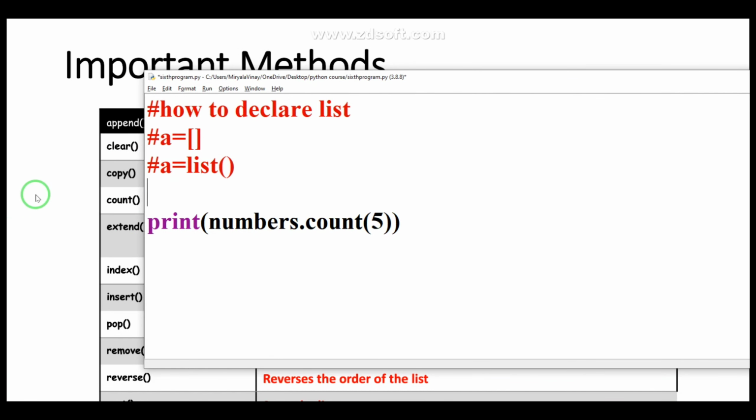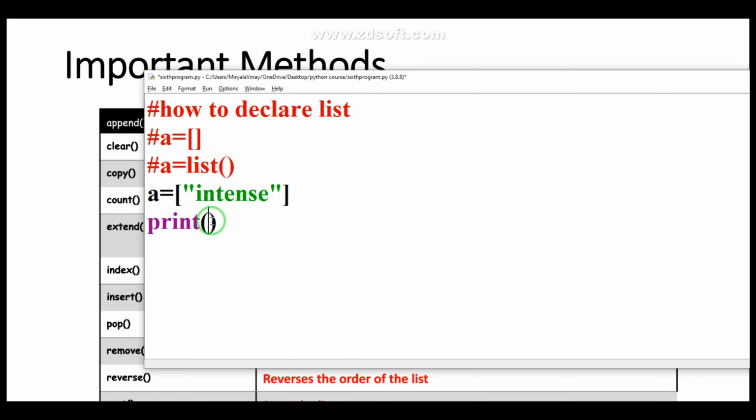I have a list called A with a value called intents. The extend method is very similar to the append method, but I will show it with a practical example.